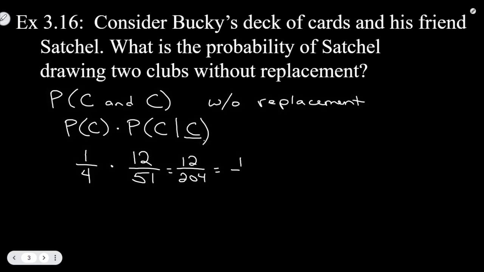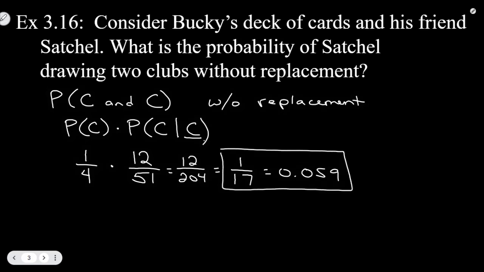It would be 1 out of 17, and if we change that to a decimal number, it is 0.059. So again, fraction, 1 over 17, decimal number, 0.059. Again, this formula works for independent or dependent events regardless.